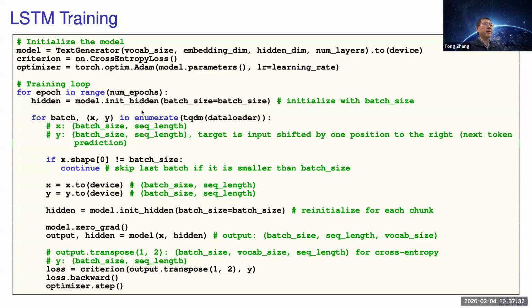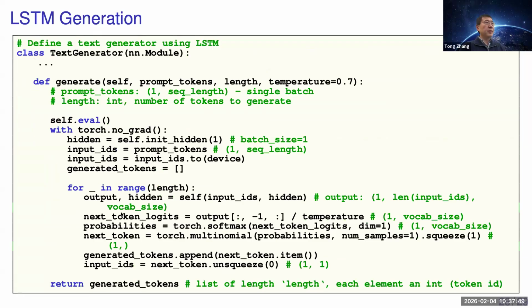This is why you have the hidden state there. It's really saying it has to be initialized, and you always use the same thing. Right? So this is training.